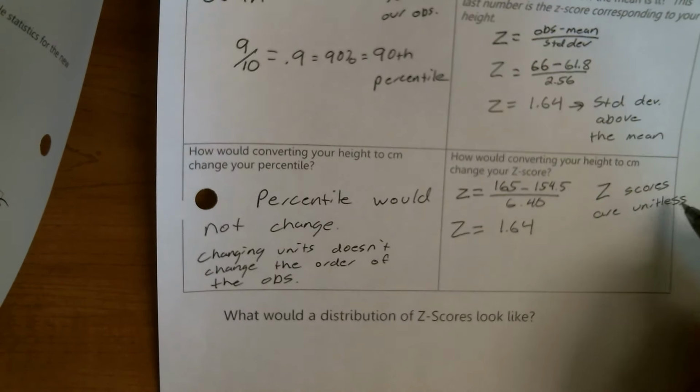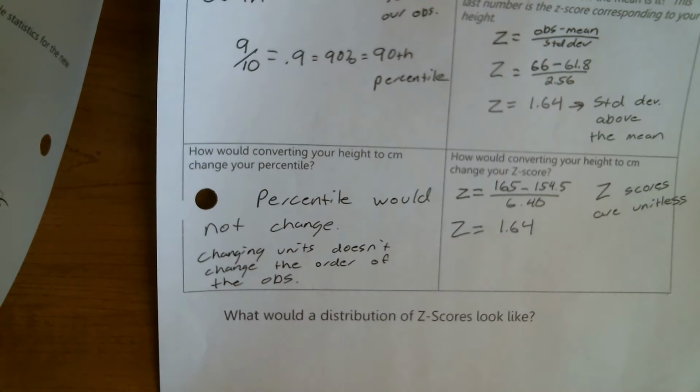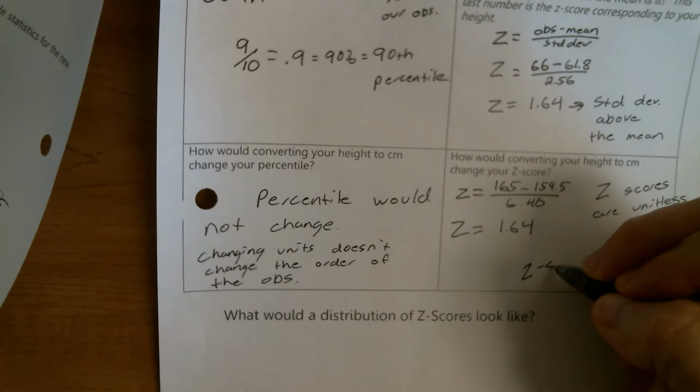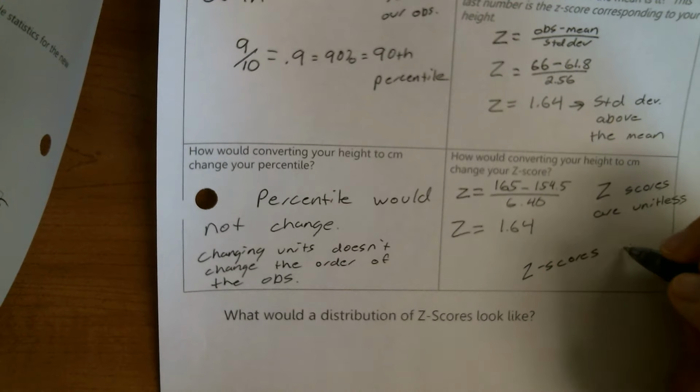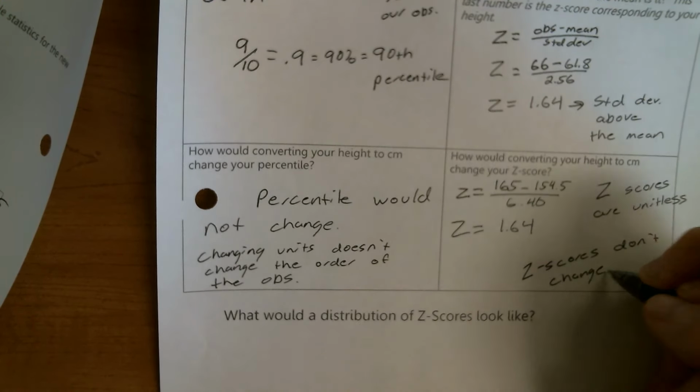That's one of the advantages of it, that the z-score strips away the units so that we can compare things from different observations, different distributions, and have an equal comparison. So again, z-scores don't change with the units.